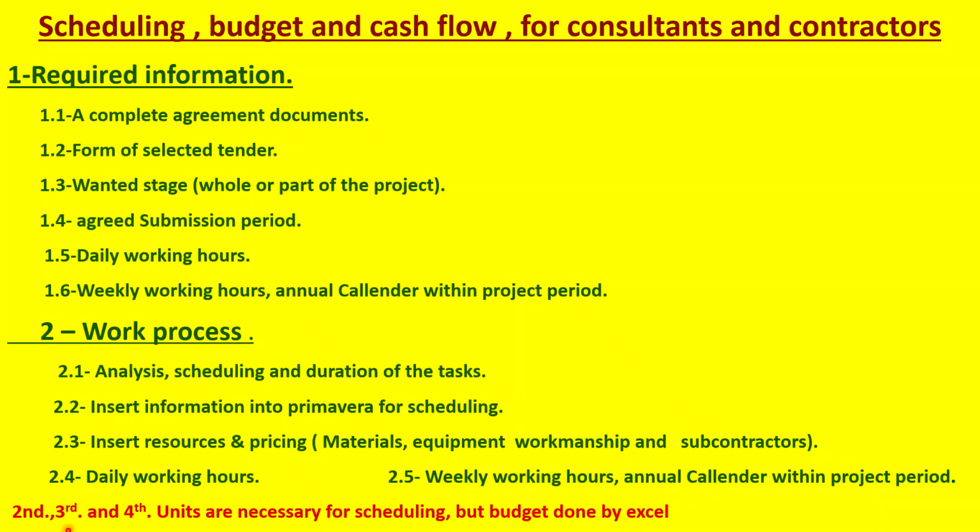Third unit is for resources and pricing. This is only assumptions, only for planning, so that the contractor builds his prices. Fourth unit is for risk management.